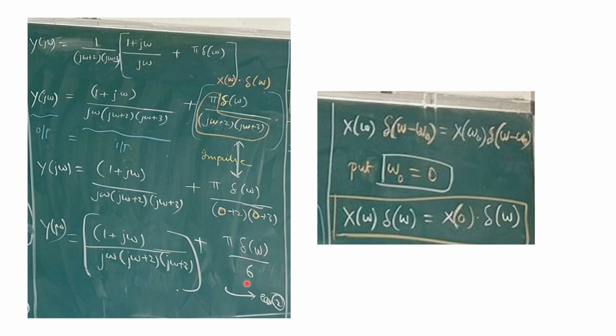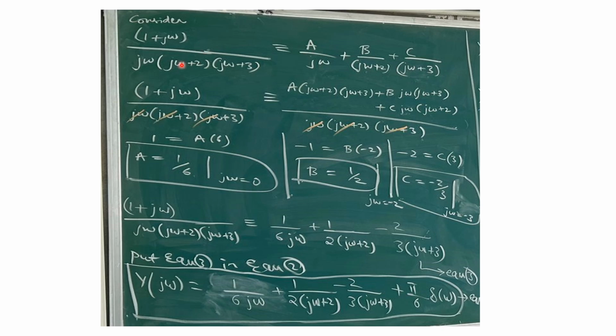Now considering the other part of the entire expression which we have got, we solve it using partial fractions, A by B by C, since we have three different factors: jω, jω + 2 and jω + 3. So in this case it is A/(jω) + B/(jω + 2) + C/(jω + 3).